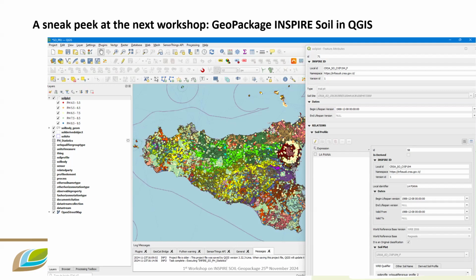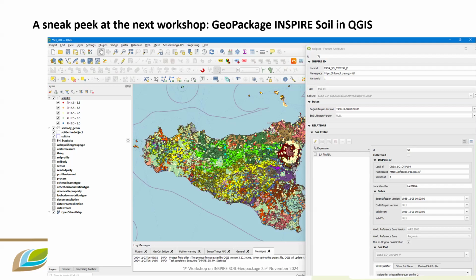This is also the GeoPackage data that has then been transformed to GML and validated. So we have this information for Sicily in GeoPackage format, and the same information in GML format because we derived it from this, and we can overlay them in QGIS and demonstrate they are overlaying.